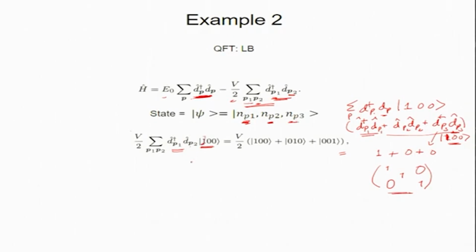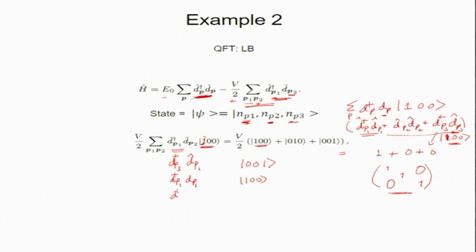So let us write D P1, which is the first, this one, D dagger P3. What will that do? Remove one, so we will remove this and create at the third. So we will create 0 0 1. Okay. The one which is D dagger P1 D P1 will be this 1 0 0, it destroys and creates.